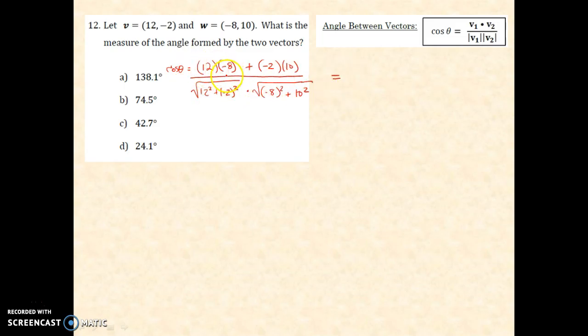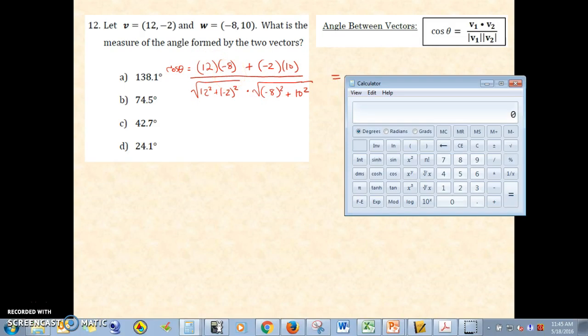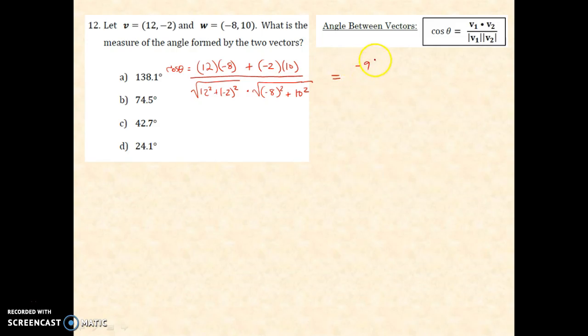So 12 times negative 8. 12 times 8 is 96, so that's going to be negative 96. Plus negative 20, so that's minus 20. Divided by the square root of, let's see, 12 squared is 144, plus negative 2 squared is 4, so that's the square root of 148, times the square root of 64 plus 100.